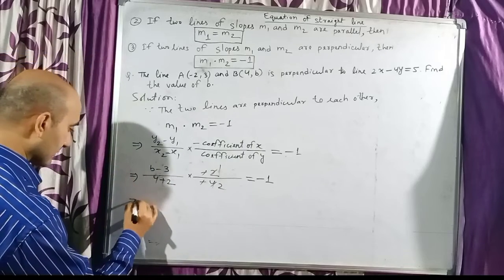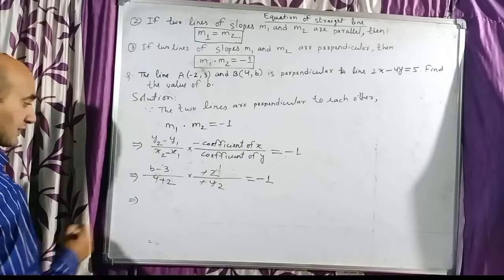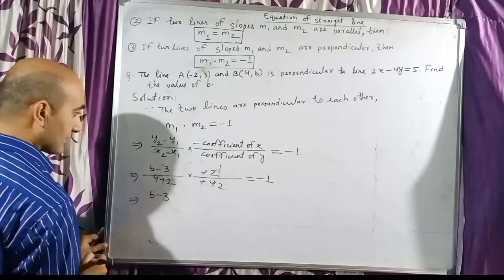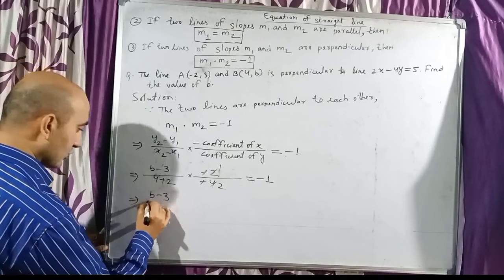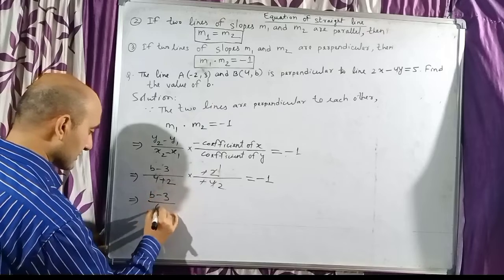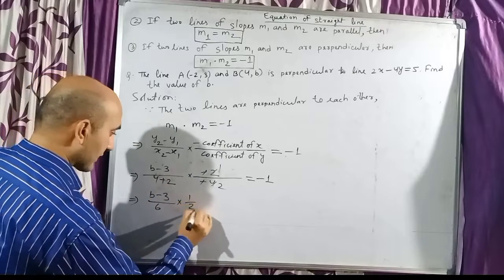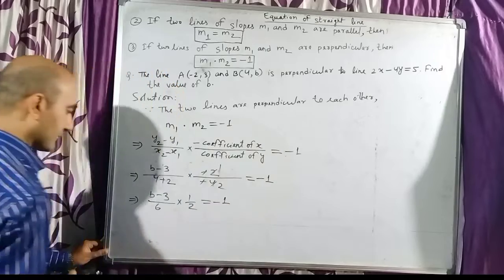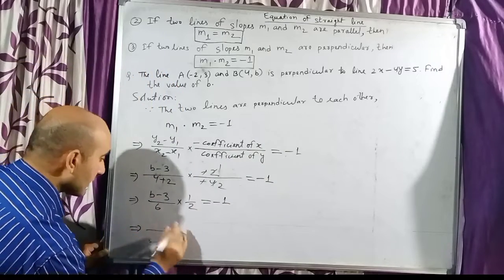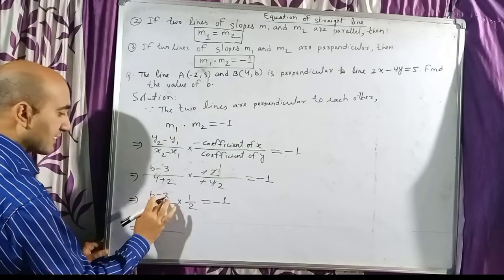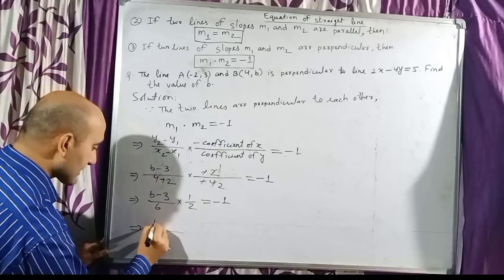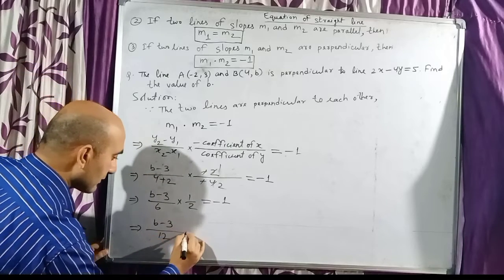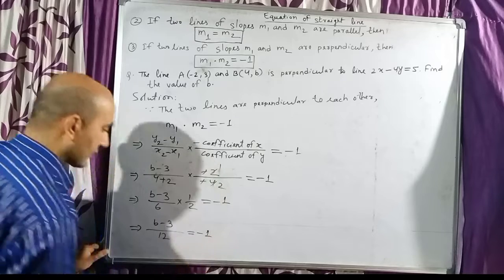Okay children. Slowly we will multiply. b minus 3, and here it will be 4 plus 2, 6, into 1 by 2, equal to minus 1. You multiply these two numbers. b minus 3 multiplying with 1 will be the same, b minus 3, and 6 twos are 12, equal to minus 1.